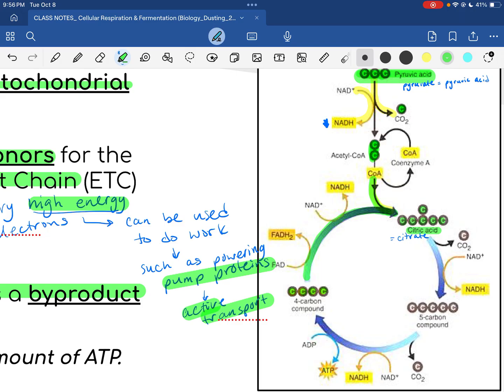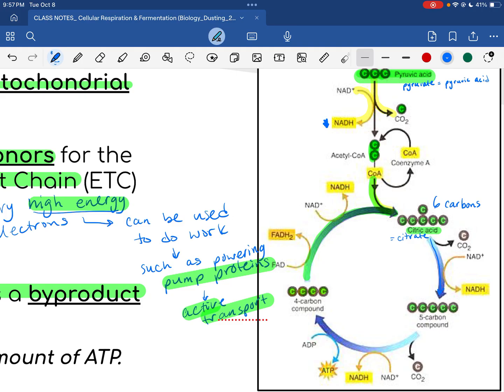And then what's going to happen with that citric acid is it's going to go through a series of transformations. So we're going to go from 6 carbons, let's write this in. Here we've got 6 carbons. And this is going to get changed into a molecule down here, which is a 5-carbon molecule, 1, 2, 3, 4, 5.